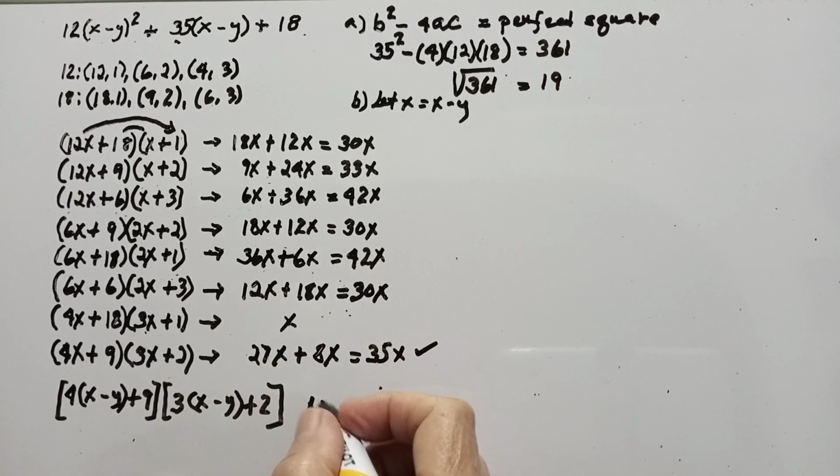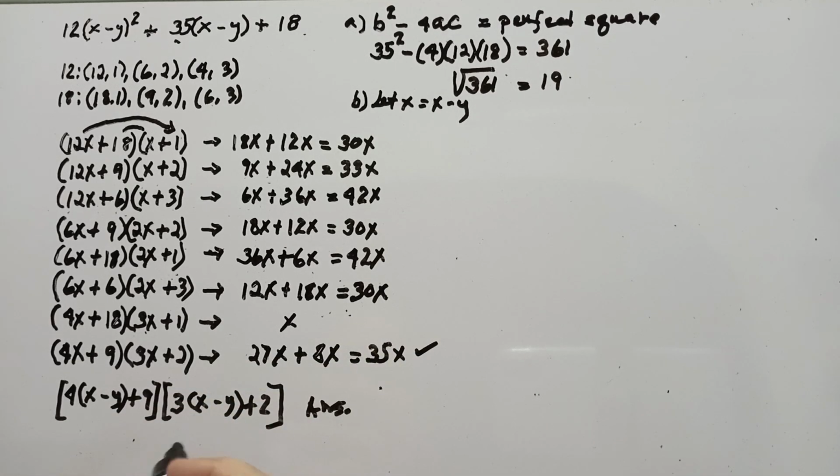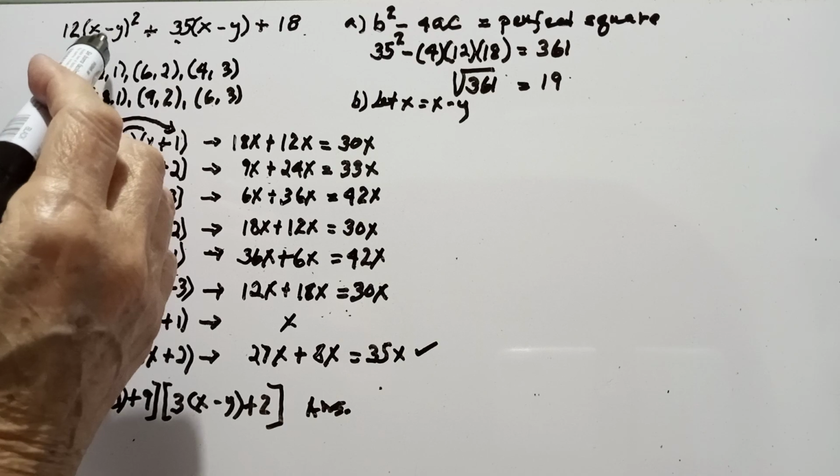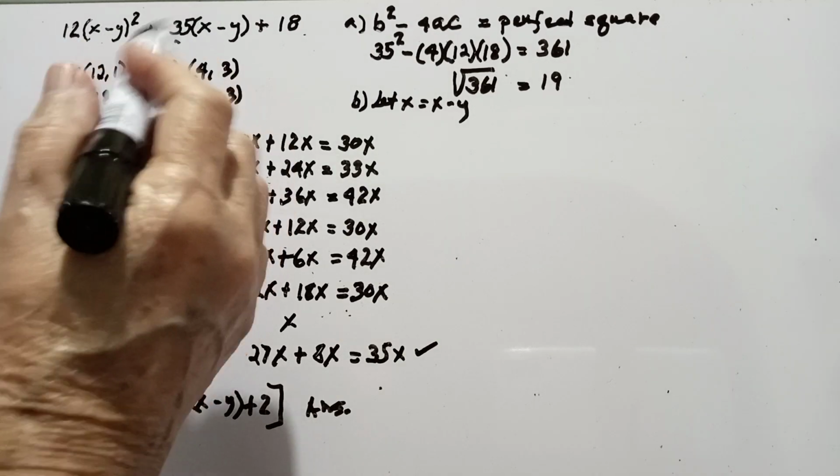So this is our answer. These are the factors of this quadratic trinomial: 12 times (x minus y) squared plus 35 times (x minus y) plus 18.